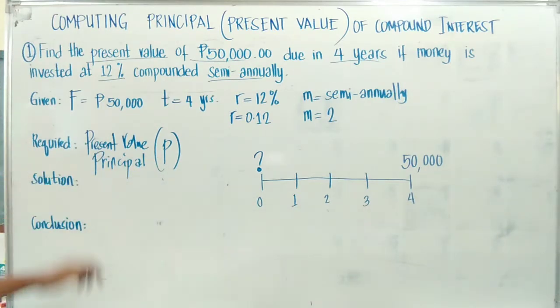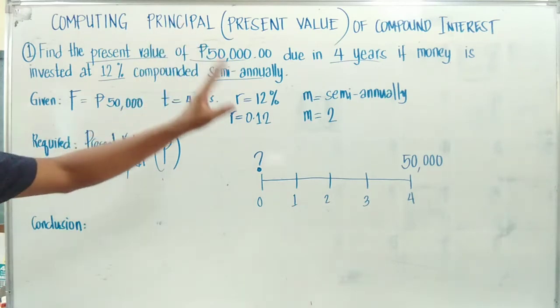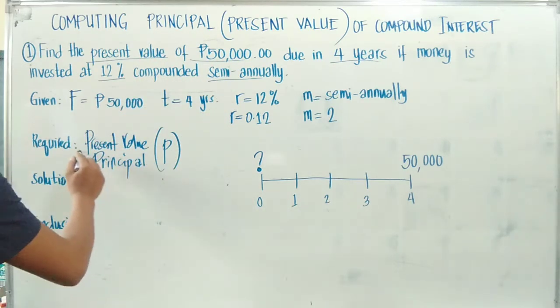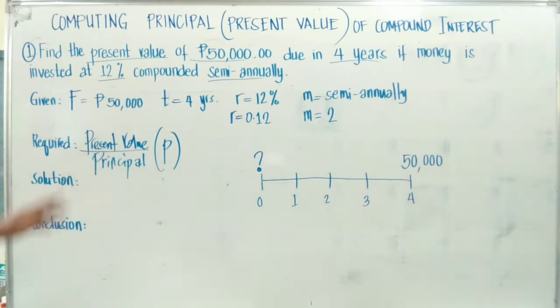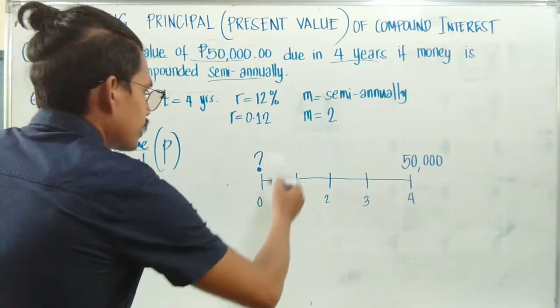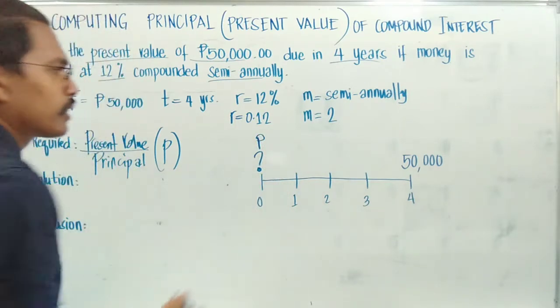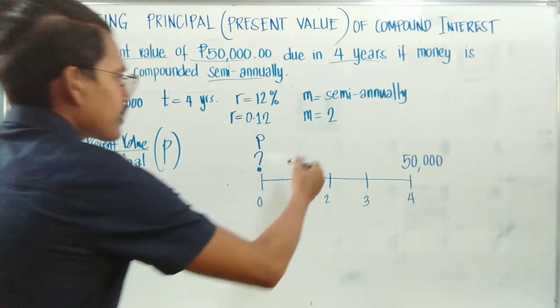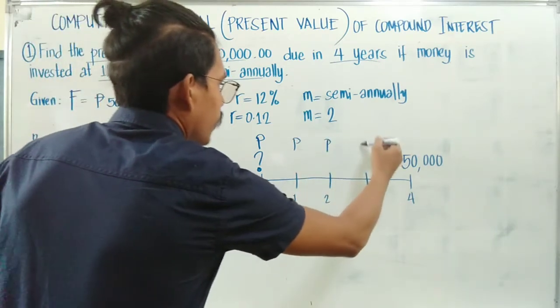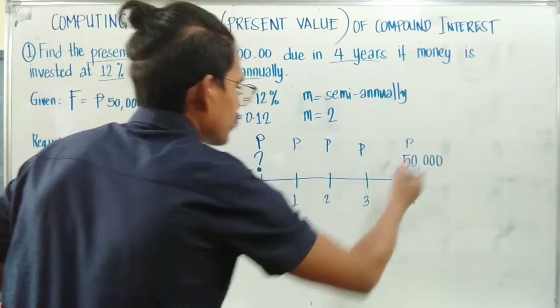So principal is still considered in your compound interest, but it has another name as present value because on your simple interest, your principal P remains as the principal on the whole duration of your loan.